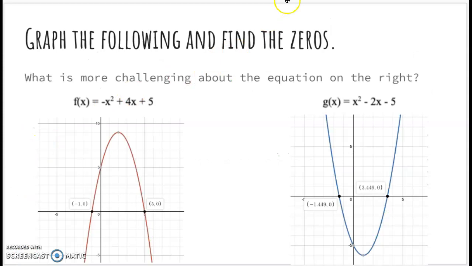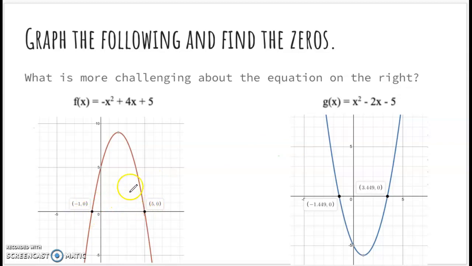If we graphed these two equations, negative x squared plus 4x plus 5 and x squared minus 2x minus 5, we could use them to help us figure out what our polynomial is in factored form, just by using our roots or our zeros.